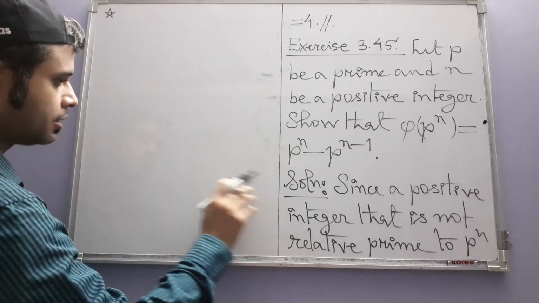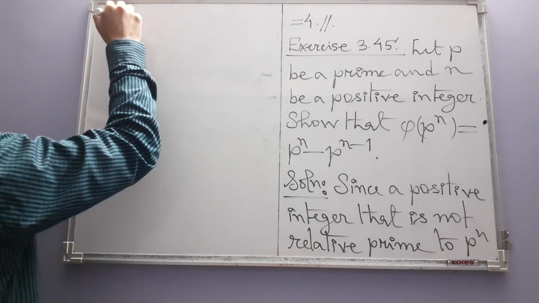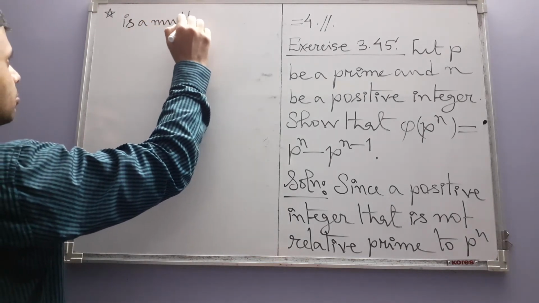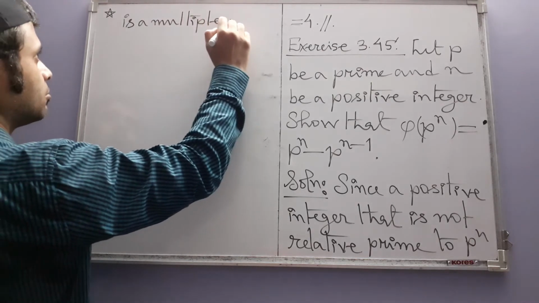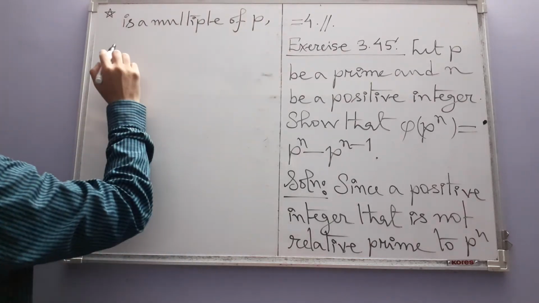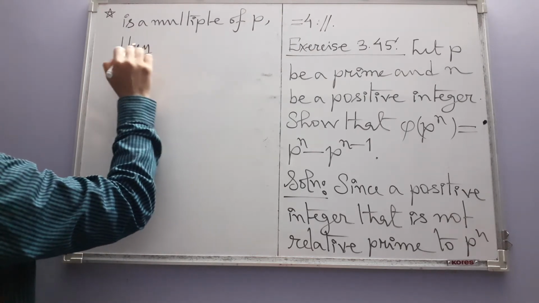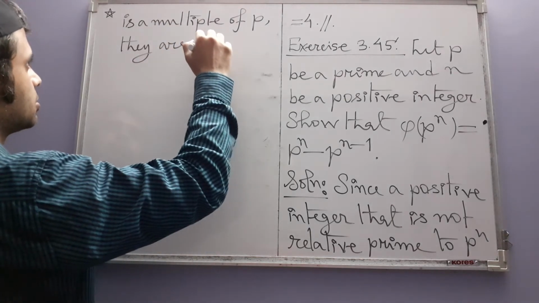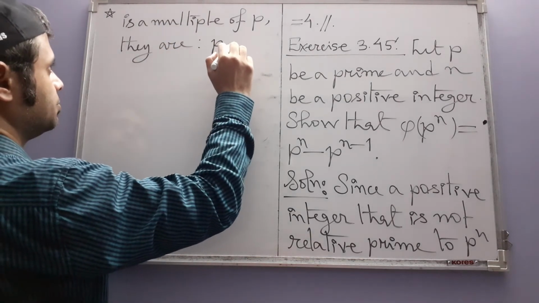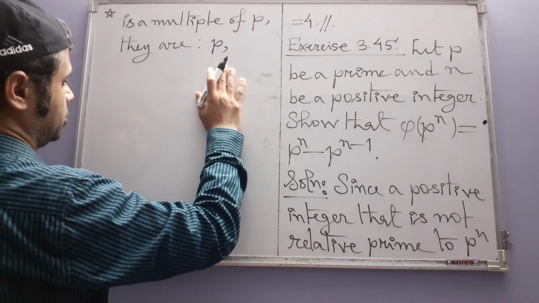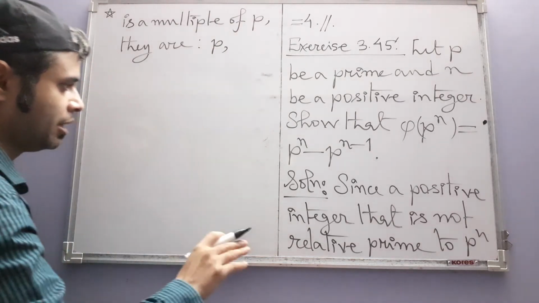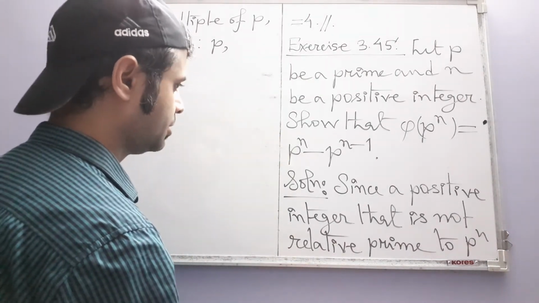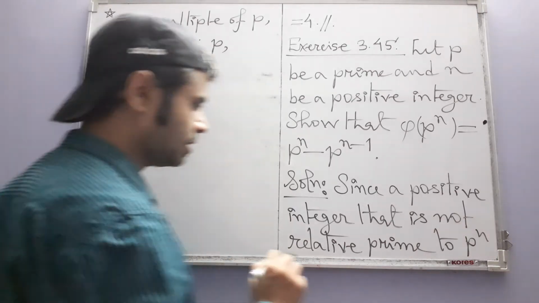Since a positive integer that is not relatively prime to this is a multiple of p, they are these things. Okay, because we have not mentioned positive integers less than or equal to p to the power n, I think we should mention this.